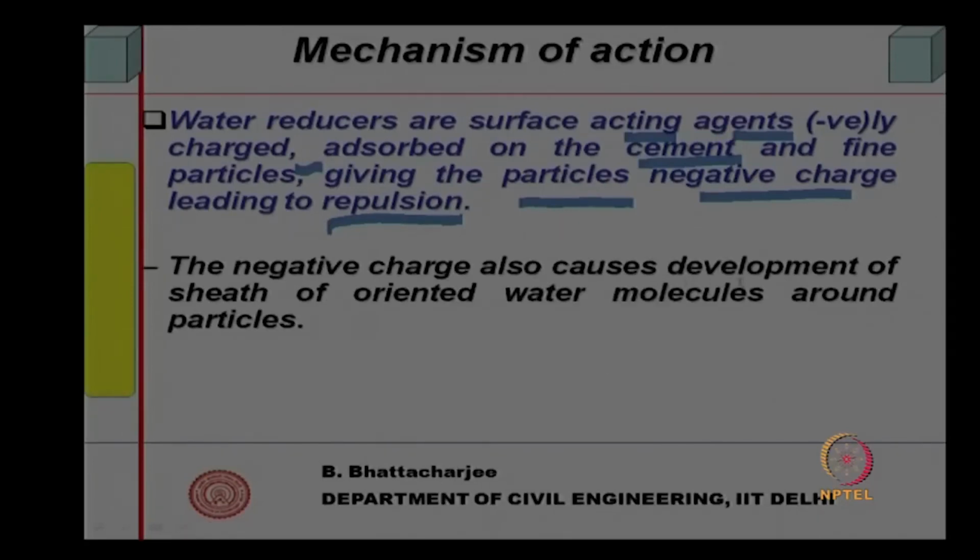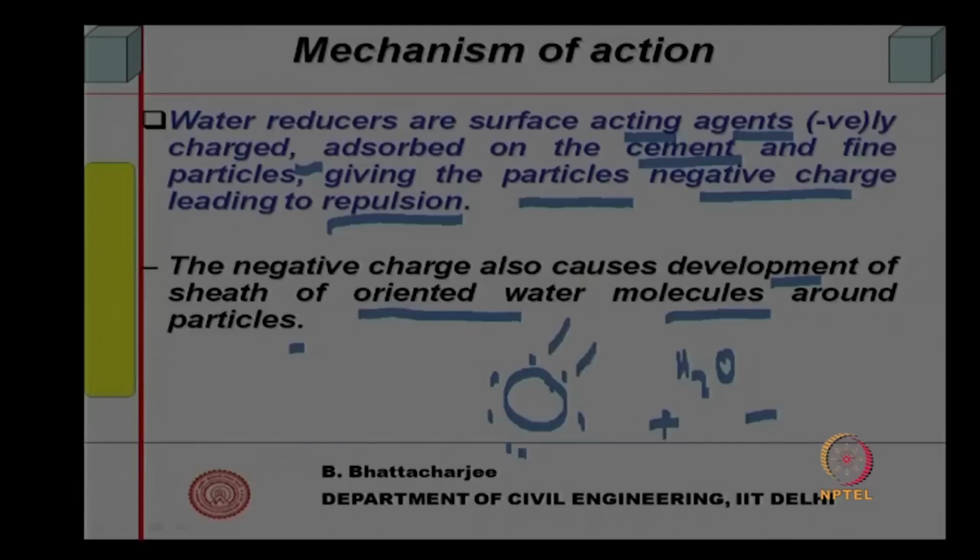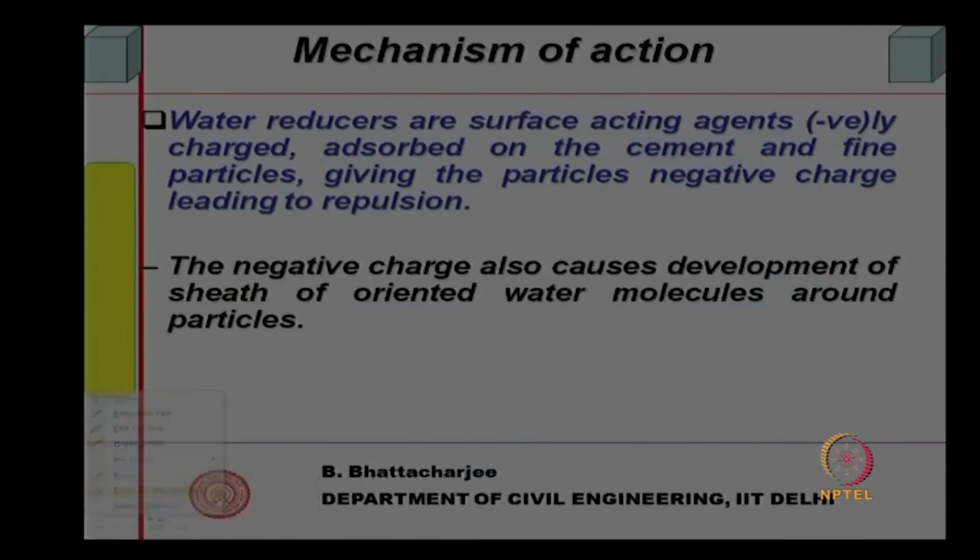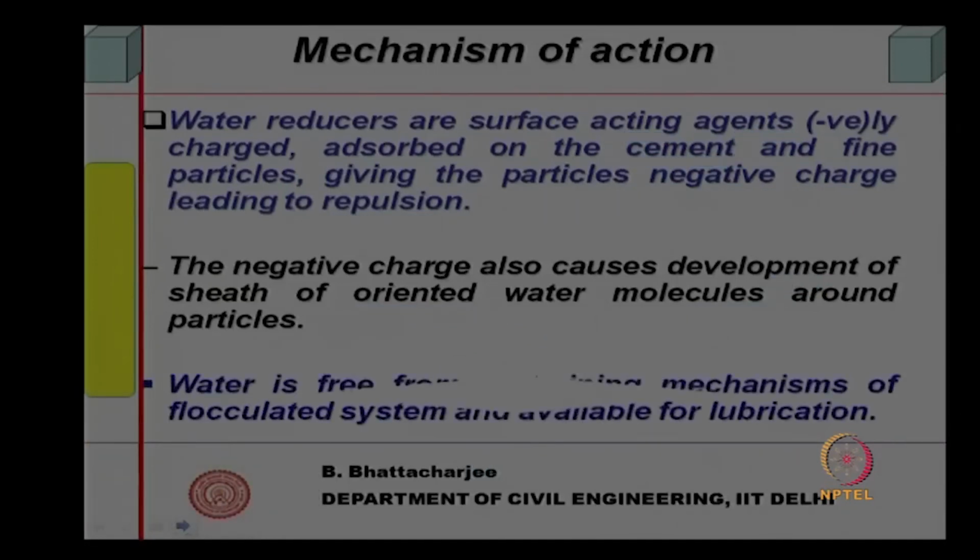Now, negative charge also causes development of a sheath of oriented water molecules around particles. If this is your particle, now everything is negatively charged, and water, H2O, is polar with the positive and negative charges not coinciding. So, water will get oriented, and it will give you a sheath of oriented water molecules for wetting purpose, and this results in release of some water.